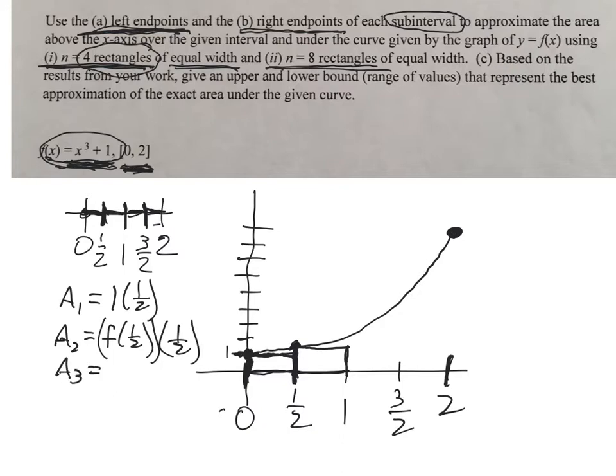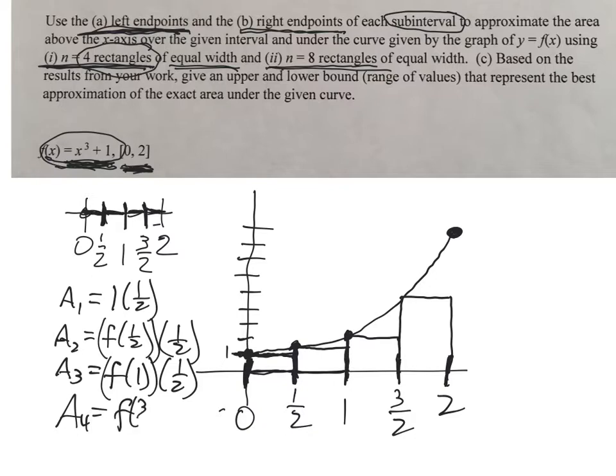Area of the third rectangle, well, again, using our left endpoints, we can draw that rectangle. And the y value will be evaluated when x is 1. And then finally, our fourth rectangle, we use 3/2 as our final left endpoint. And so length times width.